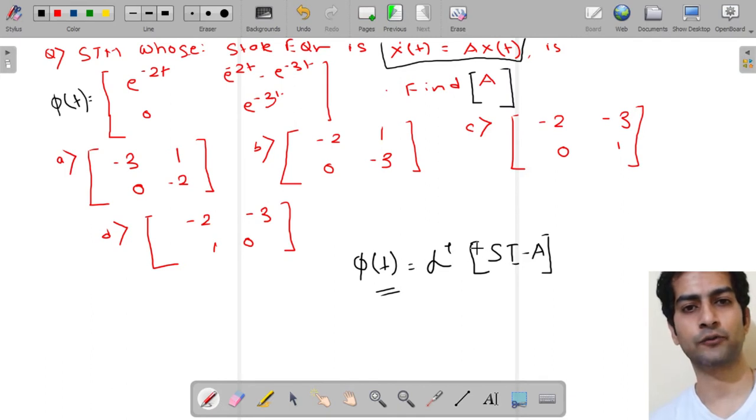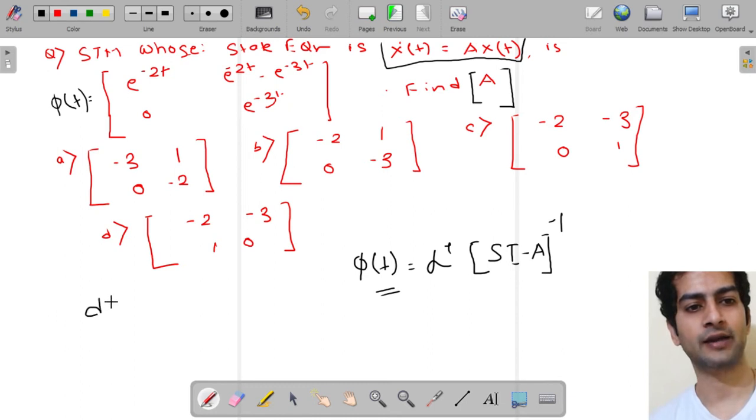We have to pick each given matrix, do this whole calculation of sI minus A inverse, and then its inverse Laplace transform. But if you know the property I have told you, then this question can be solved within half a minute.